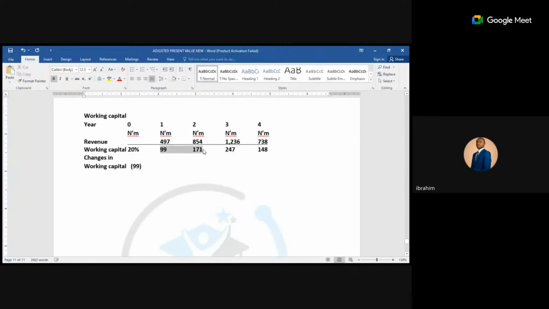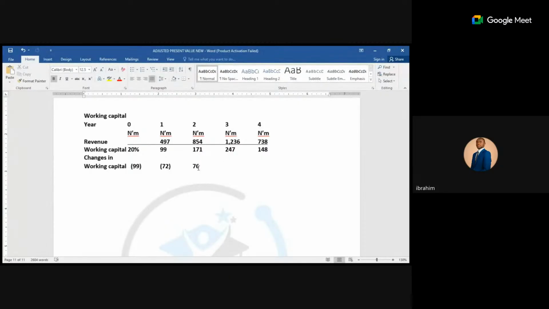What is the increase? 72. An increase in working capital will reduce your cash flow. We'll get to free cash flow. When you go to 171, what is the increase? 76. Thank you.